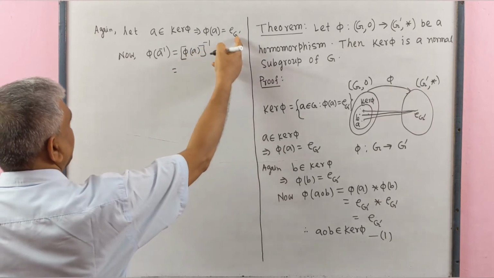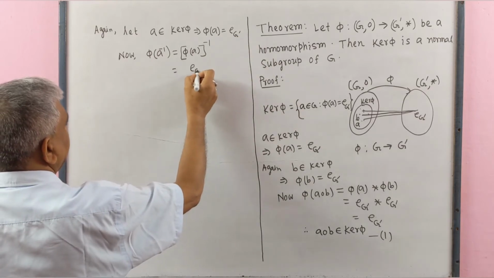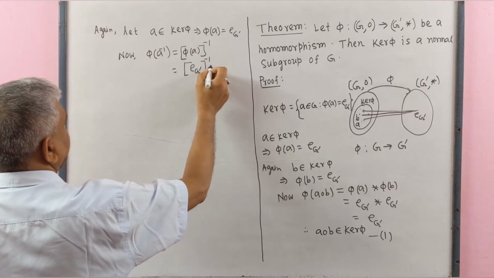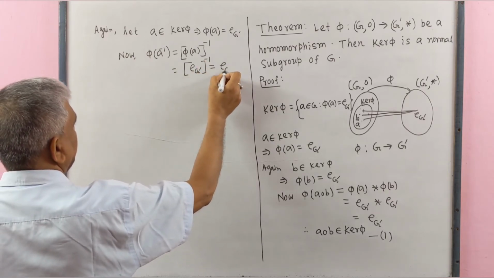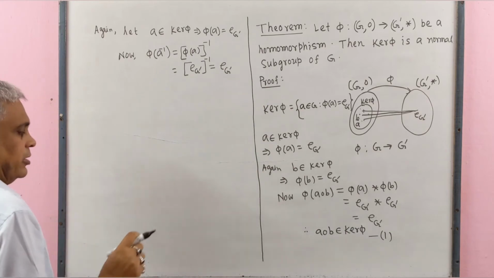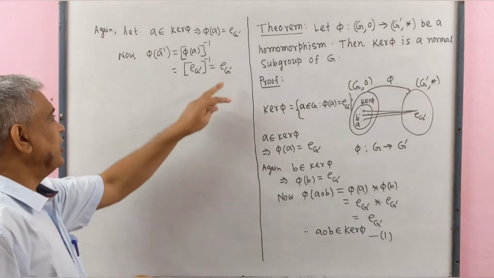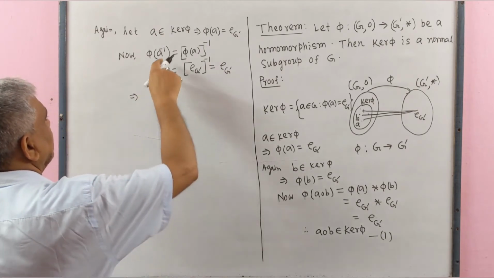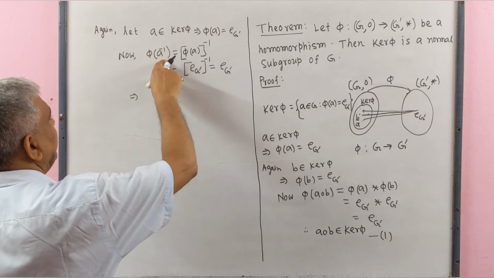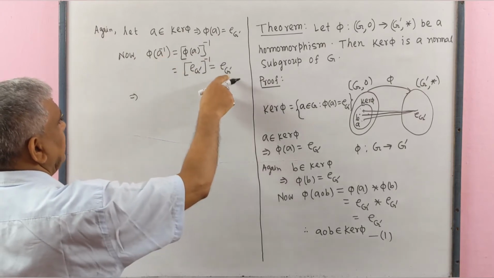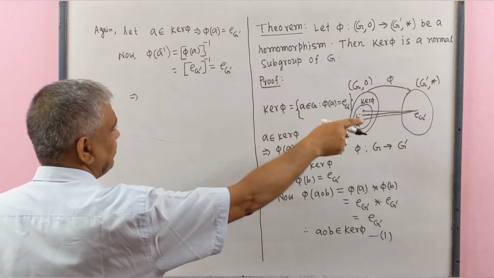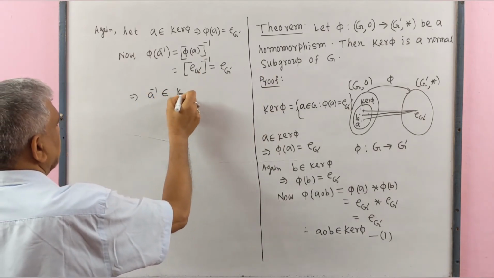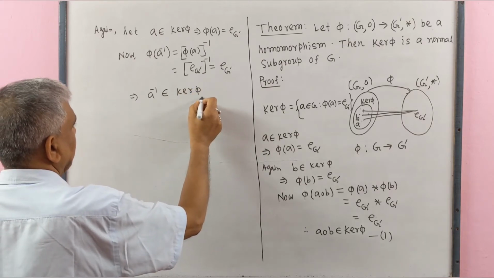Since phi(a) is e_G', its whole inverse is equal to e_G'. The inverse of the identity element is the identity element. Here we see that the image of a inverse is the identity element of G'. Therefore, a inverse belongs to ker phi. This is number 2.